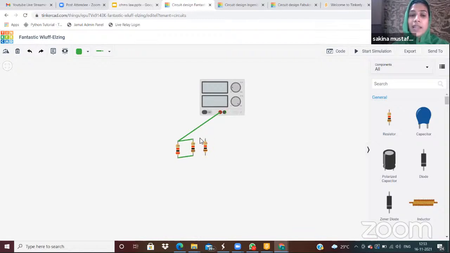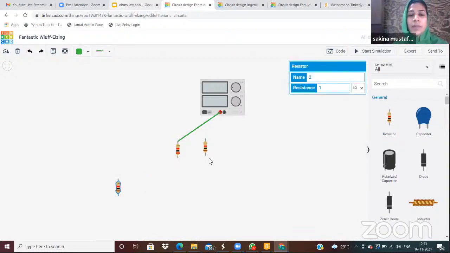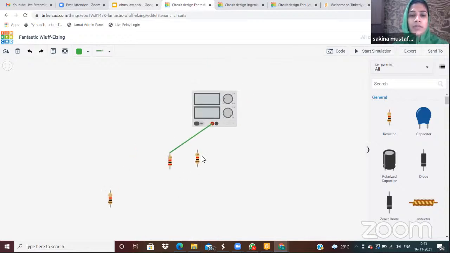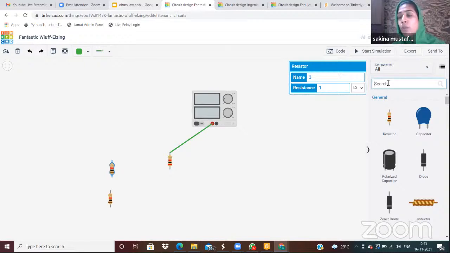Now we'll use the light bulb and check it. What happens to our light? We'll keep it aside, and we'll take the light bulb, and we'll see the actual effect on the components.